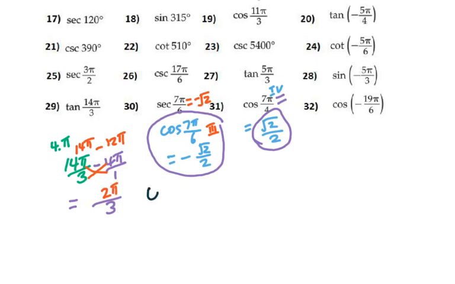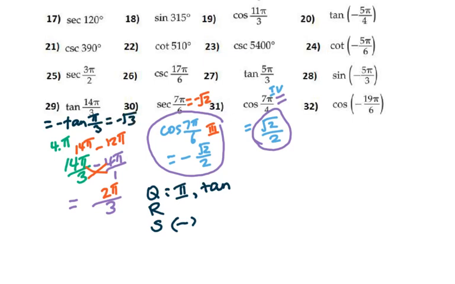Then we go to QRS. That's a second quadrant. We're looking for tangent. That will be negative. So I will write down equals negative tangent pi over 3 means negative square root of 3.